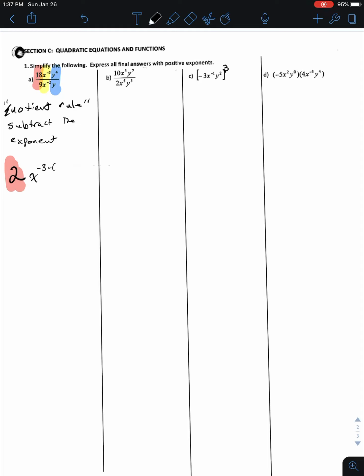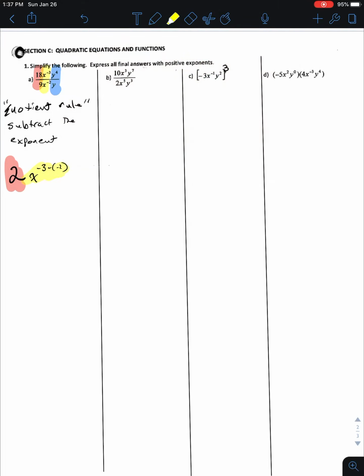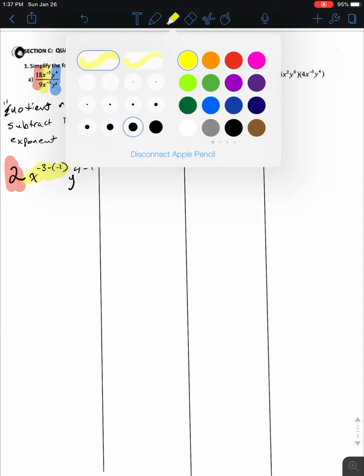Now the next portion is the yellow. So I've got x, and what do I do with the exponents? I subtract them. -3 minus -2. That's the yellow. And the last part is the y. Y is 4 minus 1. There's a little 1 on the y.